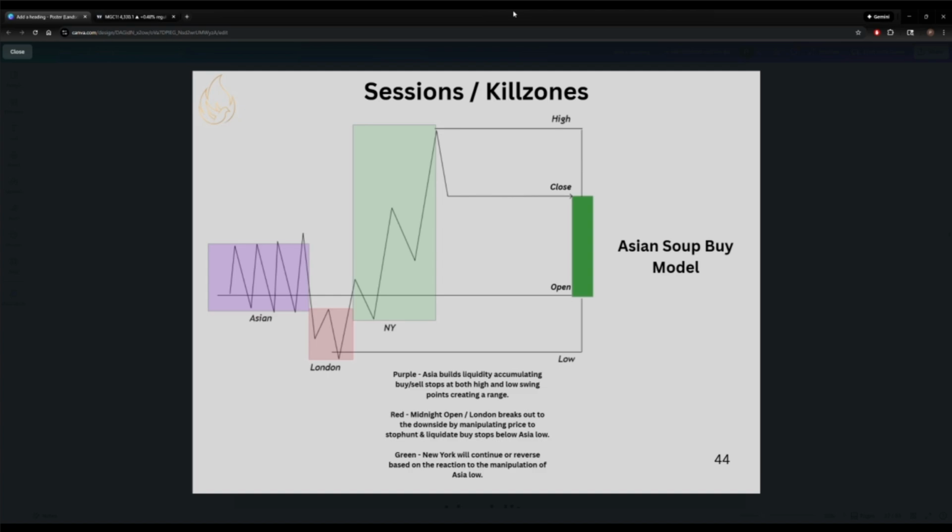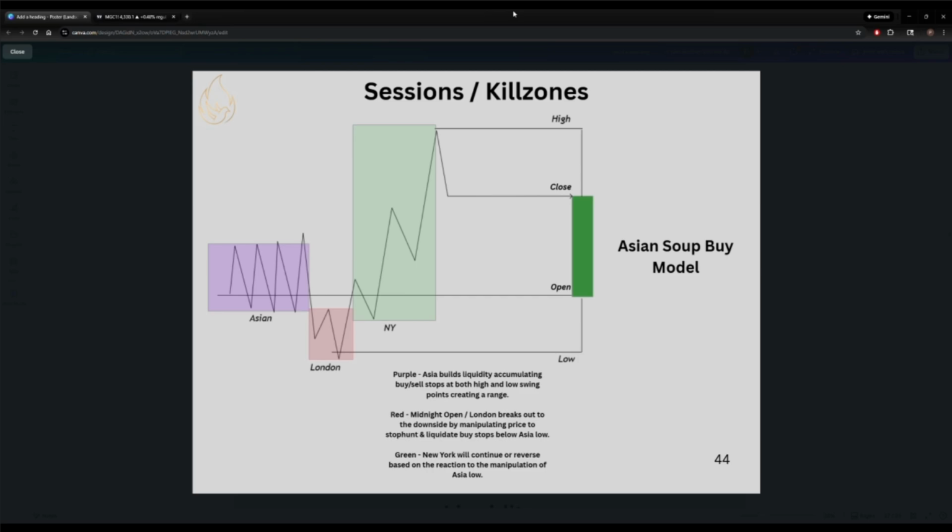There's always going to be a low, and there's always going to be an open of the candle. If, for example, we're bullish and we make a low, then logically, in order for the candle to be bullish, we have to cross the open and go high and create the body. So we can actually trade off of the candle.